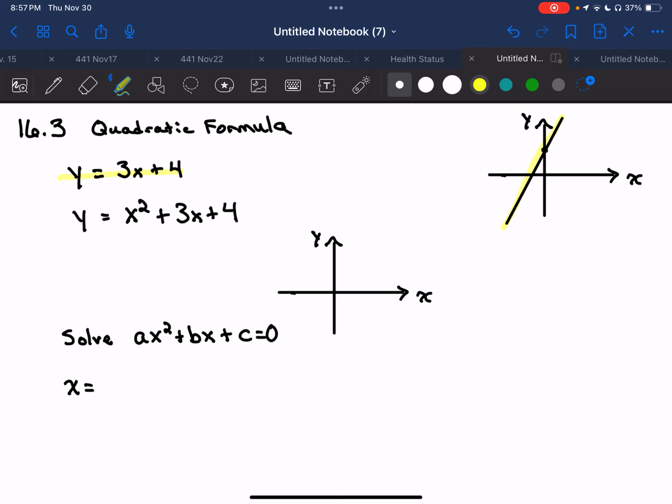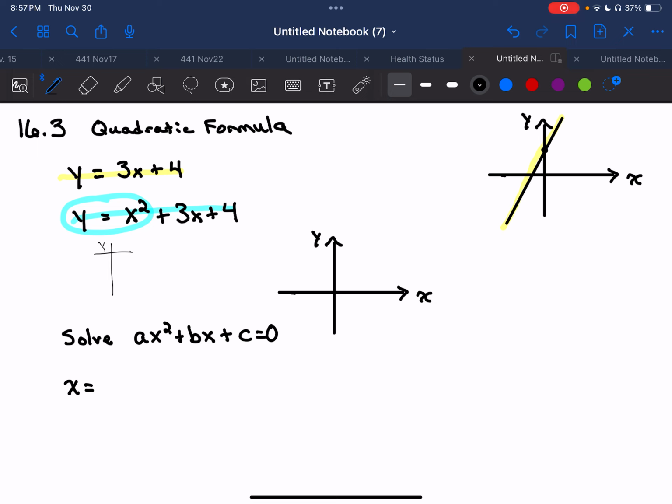If I have a quadratic, what does that look like? You could think about just the y equals x squared part to get the general shape and say, what kind of a table would I have?